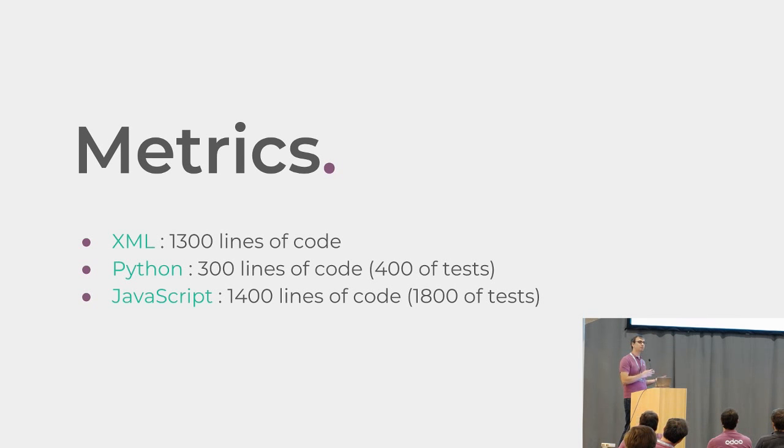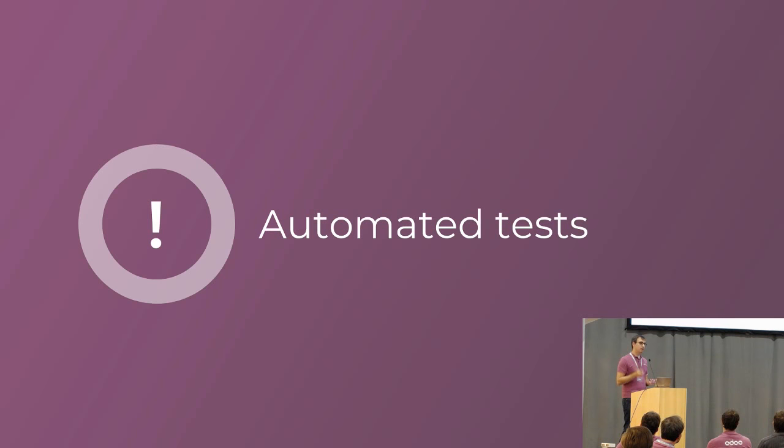But you can also see that, alongside the implementation, we try to have a lot of tests. Like I said in the beginning, we try to test right from the start. And I really want to settle on those automated tests.